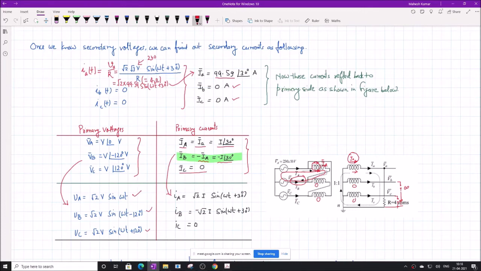Okay, so now we are clear on the secondary side voltages, secondary side currents, primary side voltages, and primary side currents. We can also compute the corresponding power components. You may be thinking that it sounds similar to something.